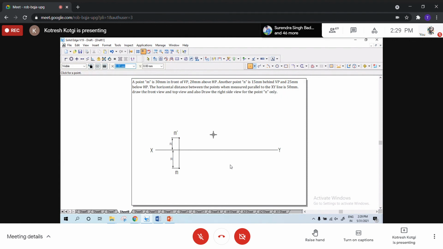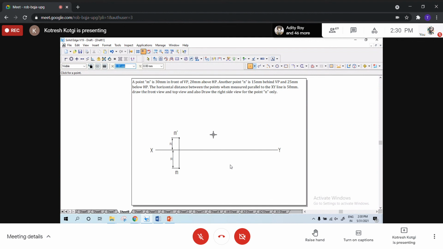Okay. Now see, N is 15 mm behind VP. Distance from VP is shown in which view? Front view or top view? Top view, right?